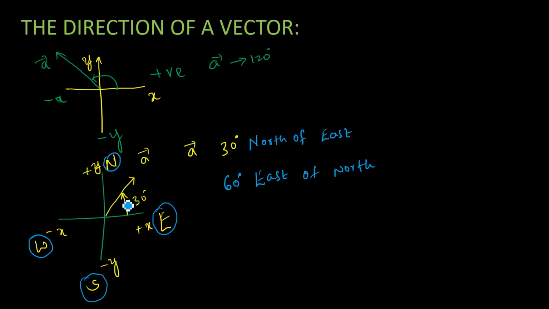It is very clear here: the direction of a vector can be 30 degrees north of east and 60 degrees east of north. This is the positive x-axis, this is the first case and this is the second case.